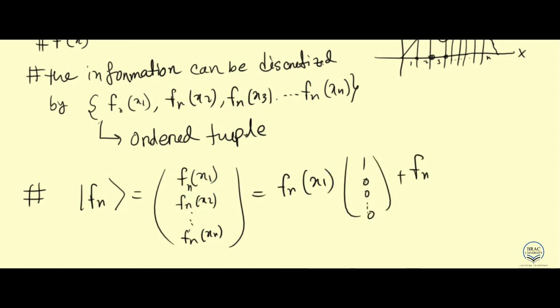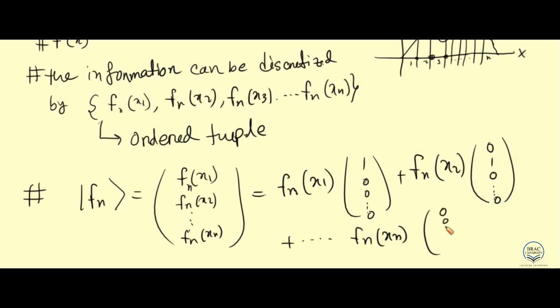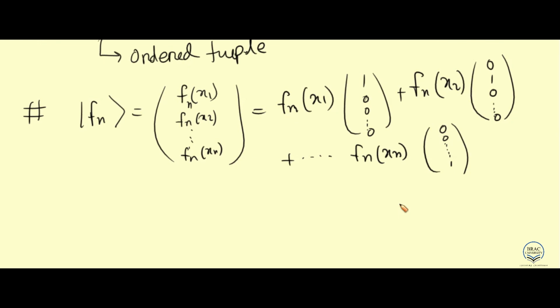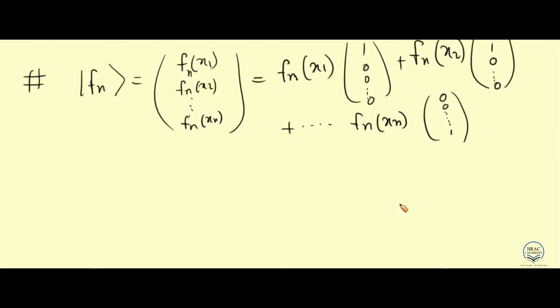Then you can go for f of n x2 times 0, 1, 0, 0, all the way. And similarly for f of n xn, this can be written as 0, 0, all the way, and the last element is just 1. So this is familiar from our discussion on the finite dimensional vector space, right?